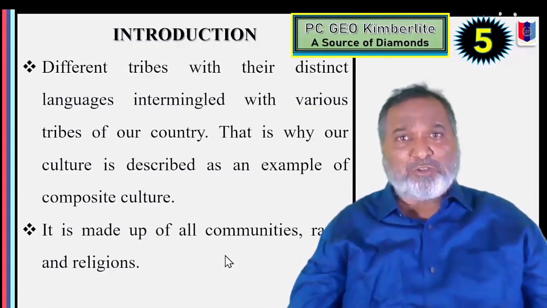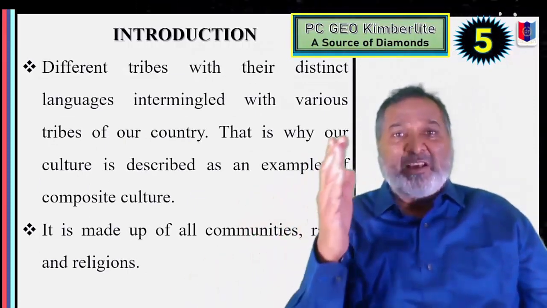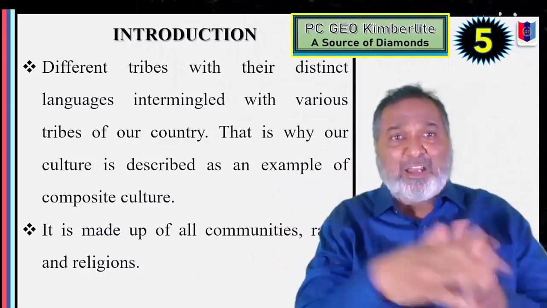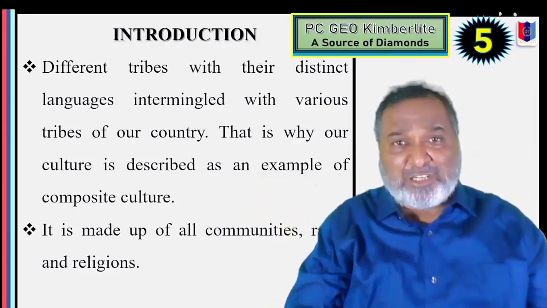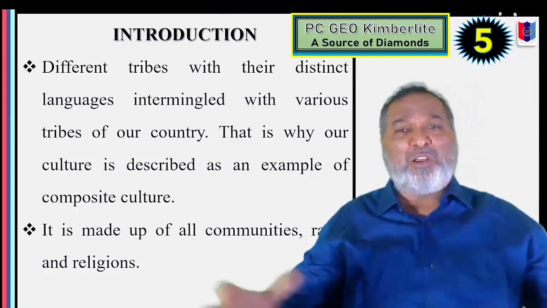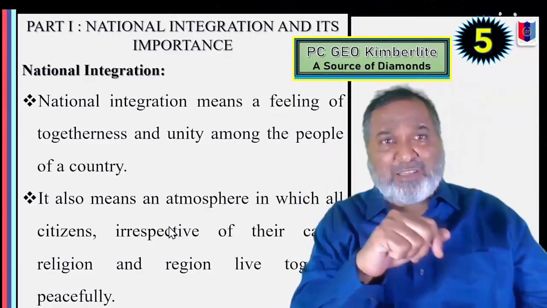We also saw the different tribes with their distinct languages intermingled with the various tribes of our country, and that is why our culture is described as an example of composite culture. It is made up of all communities, races and religions.